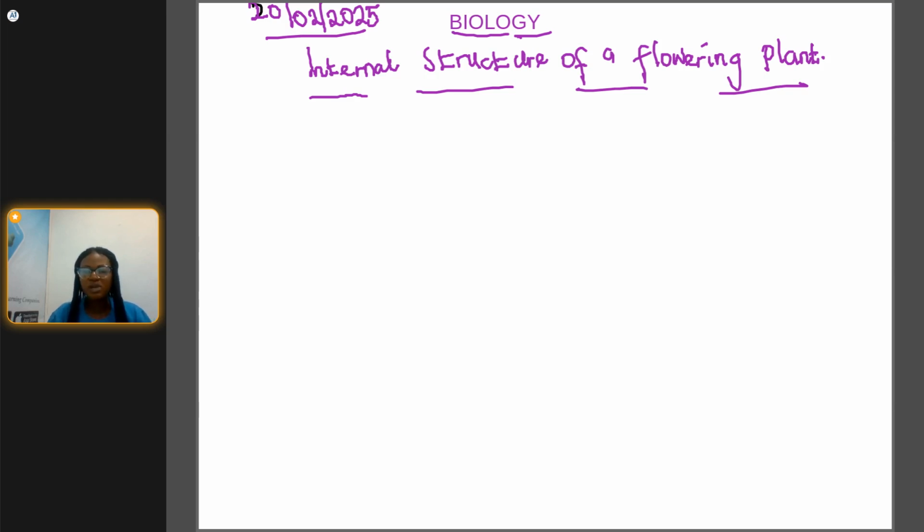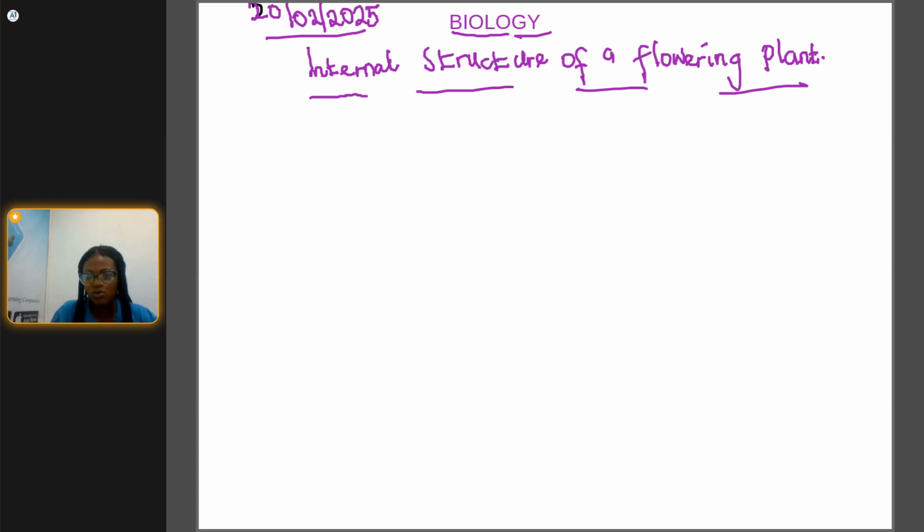Likewise, the plants have internal structure. Like the human being, you have circulatory system, reproductive system, digestive system, you have the brain. All these things, we can't see them outside. We can only see what is outside of you. Likewise, plants have different internal structures that help them to carry out their daily activities.